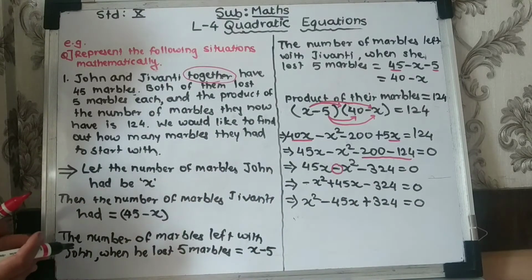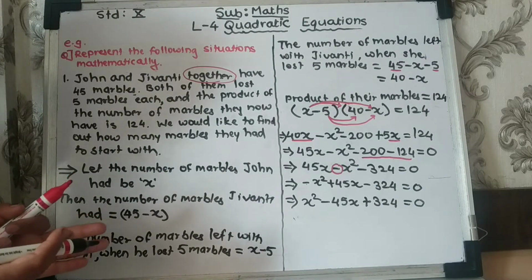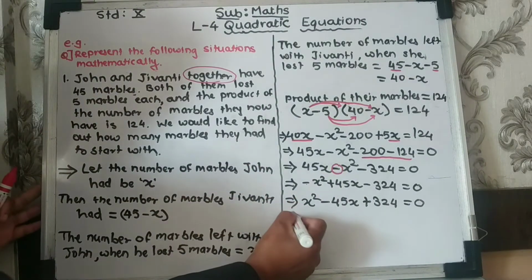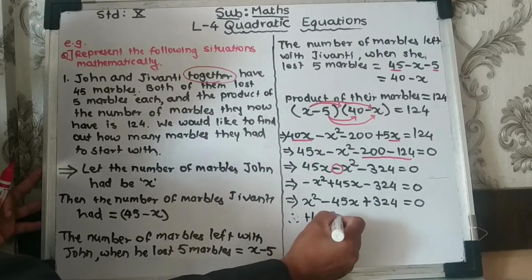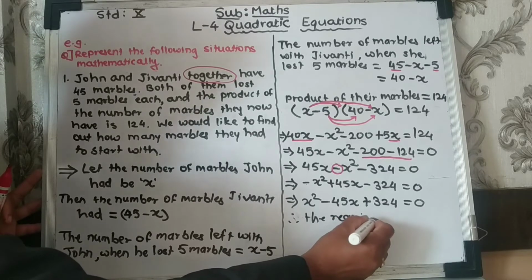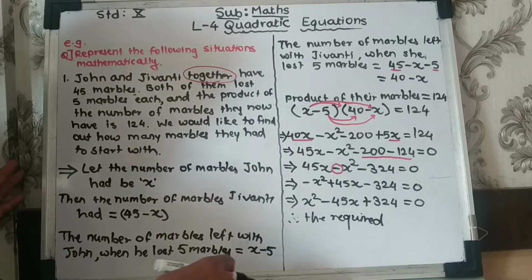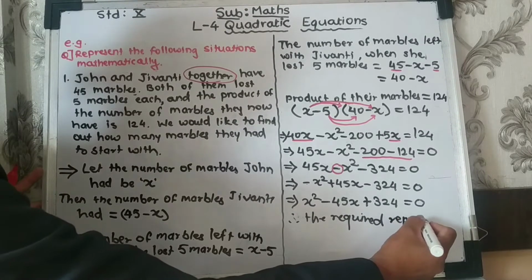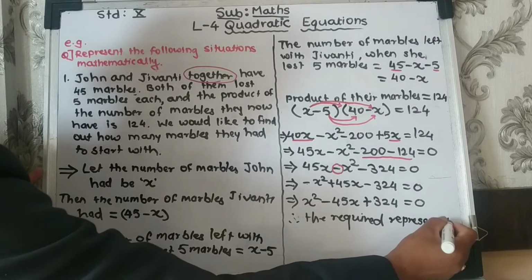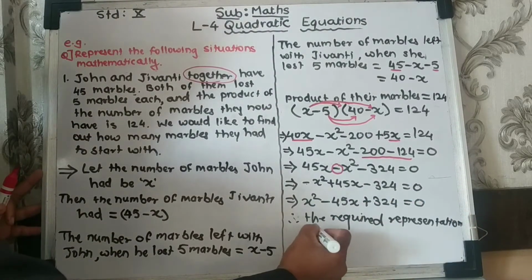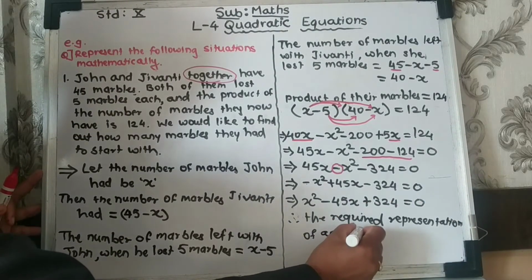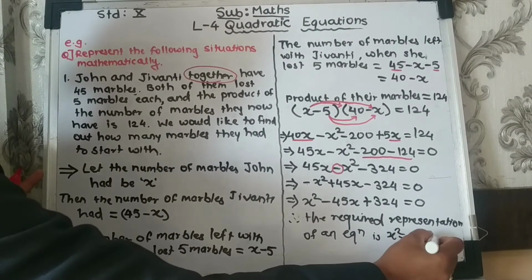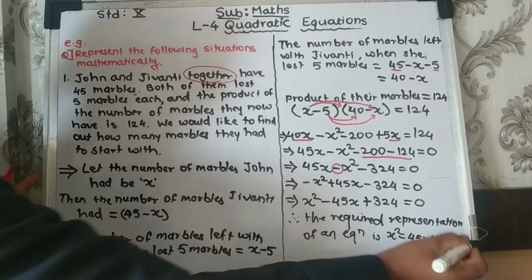So therefore the number of marbles John had satisfies this equation. So we will write, therefore the required representation of the equation is x square minus 45x plus 324 equals to 0.